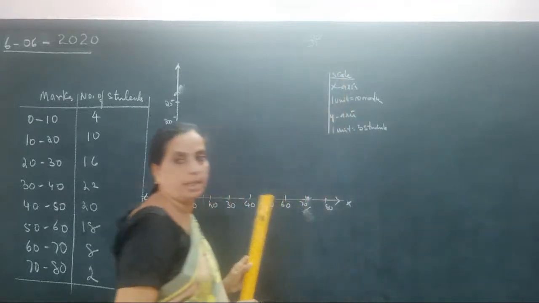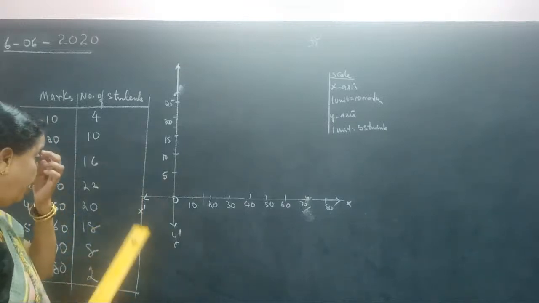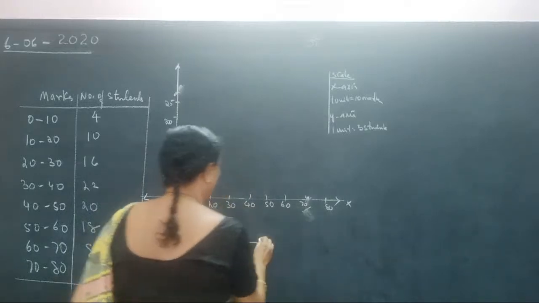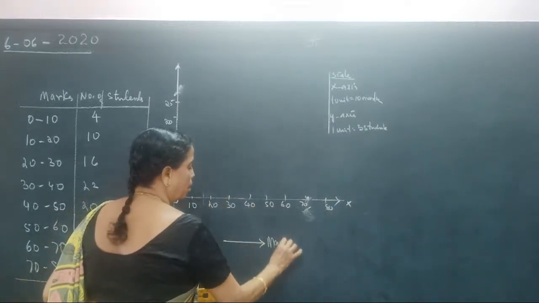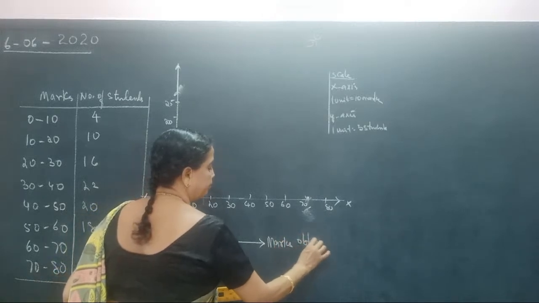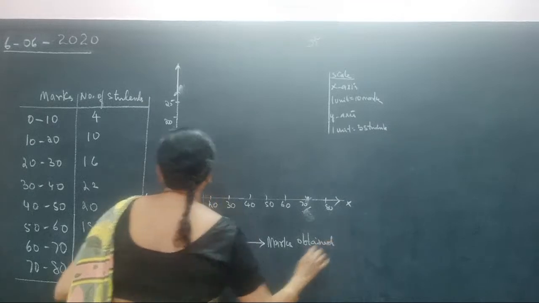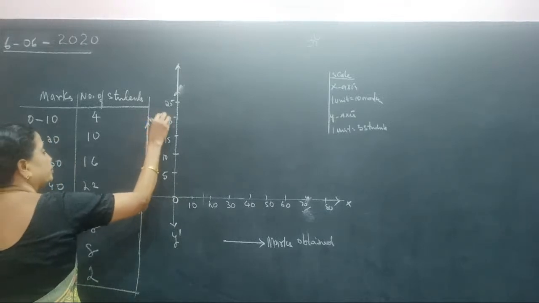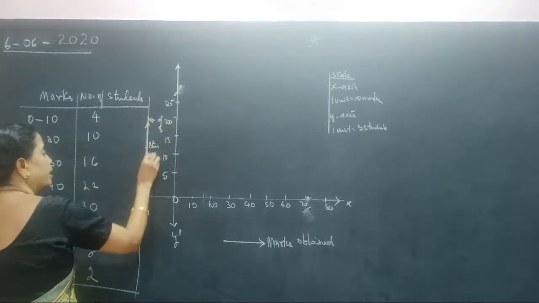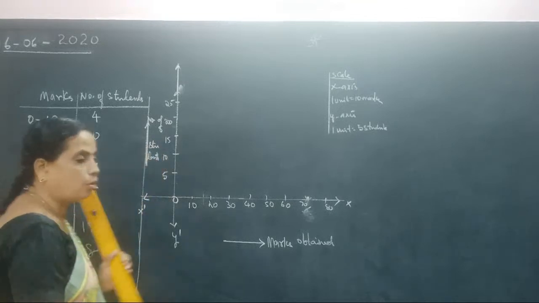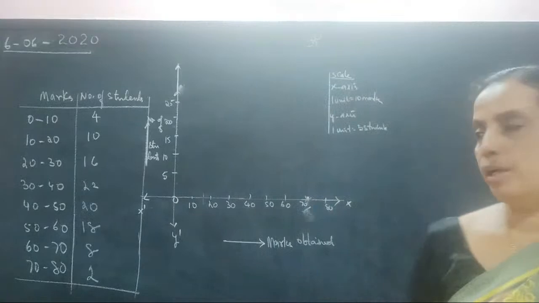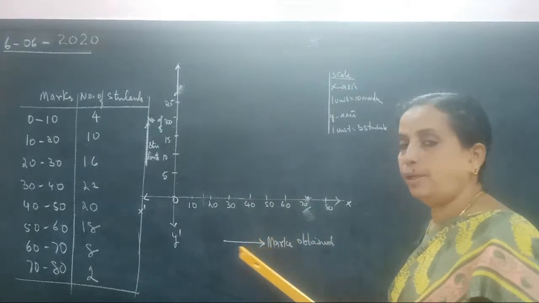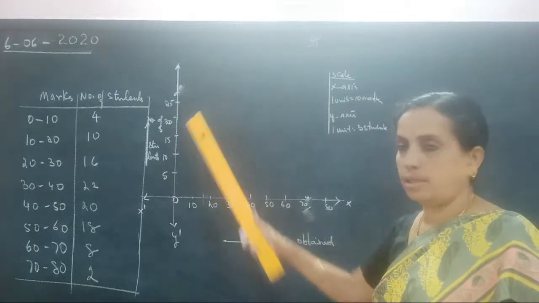After writing the scale and drawing the x-axis and y-axis perpendicular, mention what each axis represents. Along the x-axis write marks obtained, and along the y-axis write number of students. Now it is ready to draw the histogram on the graph. You write up the scale, draw equal measurements, and label what the x-axis and y-axis represent.